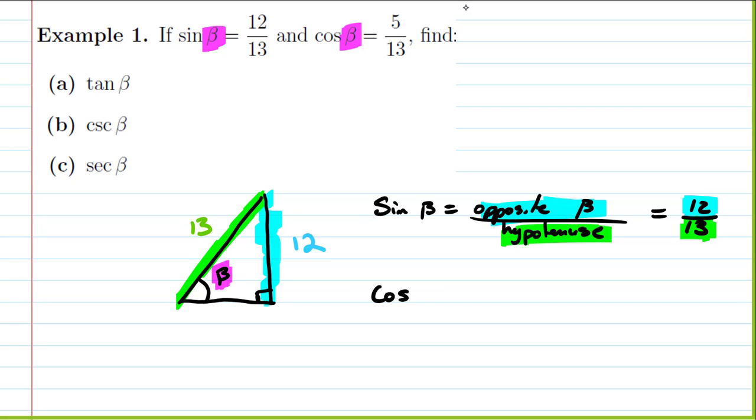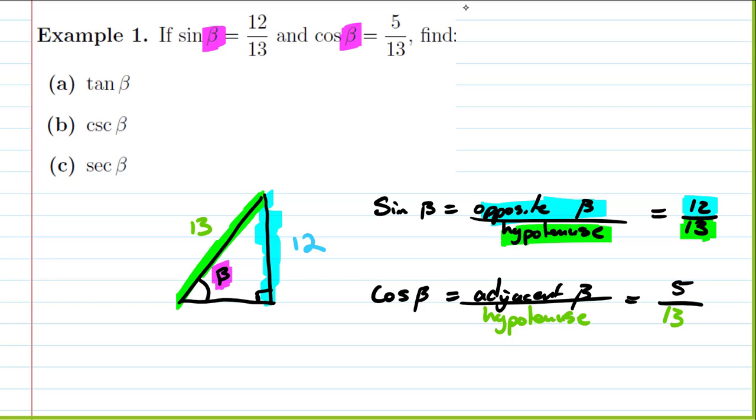We were also told that the cosine of beta, which we know is the adjacent to beta divided by the hypotenuse, is 5, so that means the adjacent side would have to be the number 5.